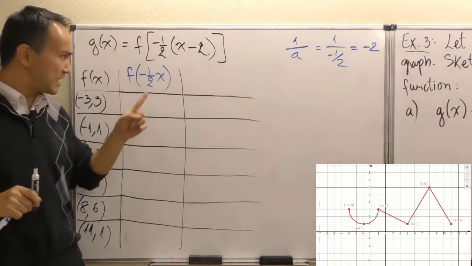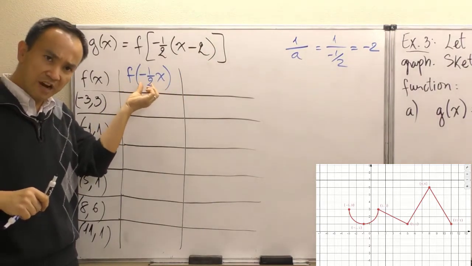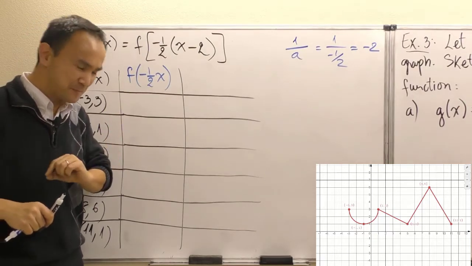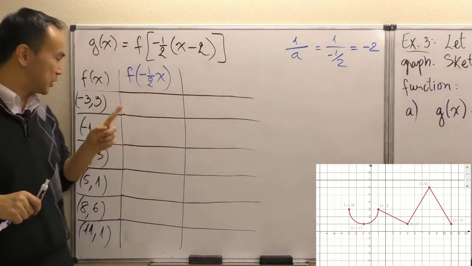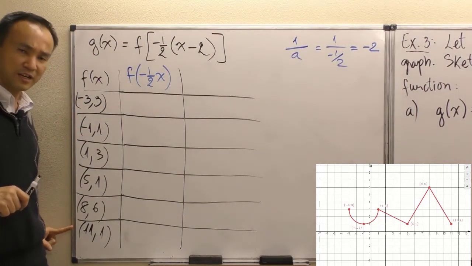Even though the a value itself is negative 1/2, I emphasize that we're going to multiply every x value of the parent function by negative 2.